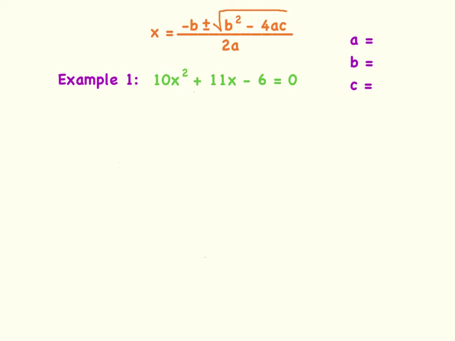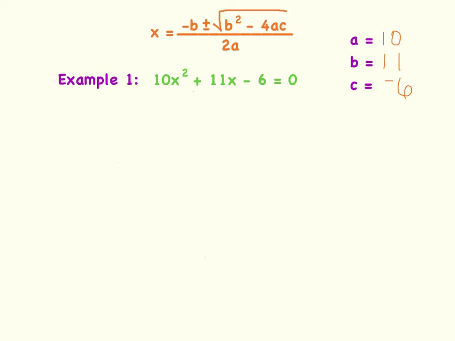We have 10x squared plus 11x minus 6 equals 0. The first thing you want to do is identify your a, b, and c values. So our a value is 10, our b value is 11, and our c value is negative 6.